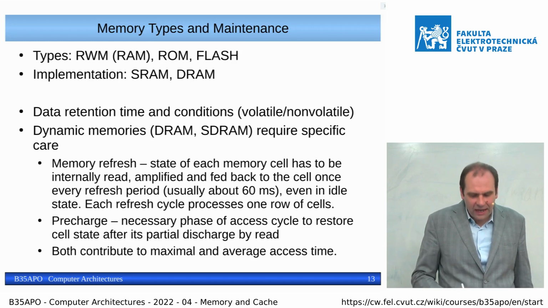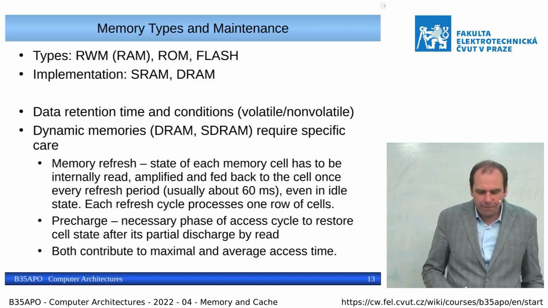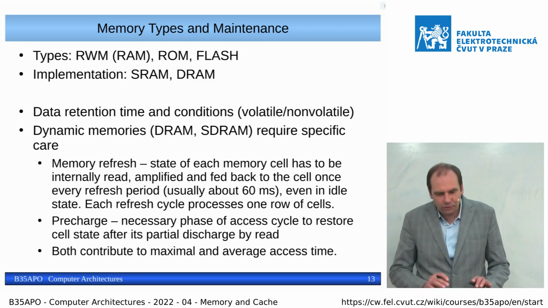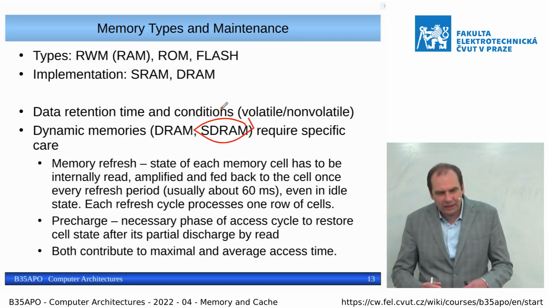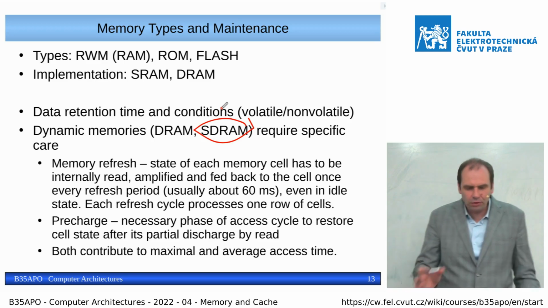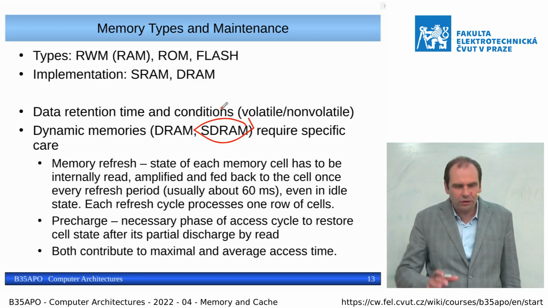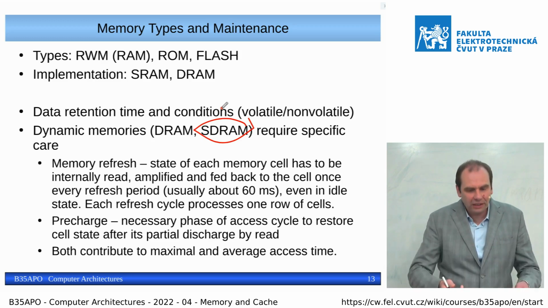And the access pattern is relatively complex. You need to first pre-charge the lines where you want to read the data from SDRAM, and then you get the data. You get some row, which is relatively long. You can select some part of this row to deliver it to the CPU. Then you need to do the actual refresh.